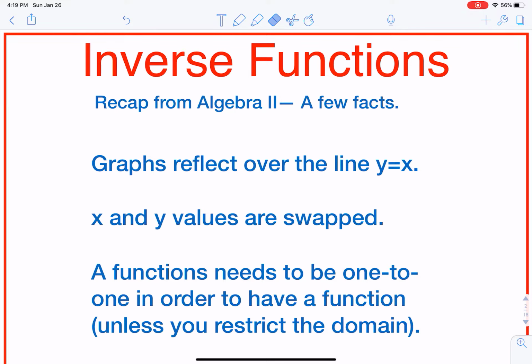So, as you read through this, a recap from Algebra 2, just a few facts about these inverse functions. They reflect over the line y equals x, so that diagonal line. The x and the y values are swapped.